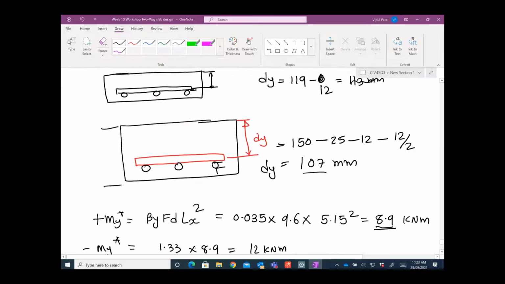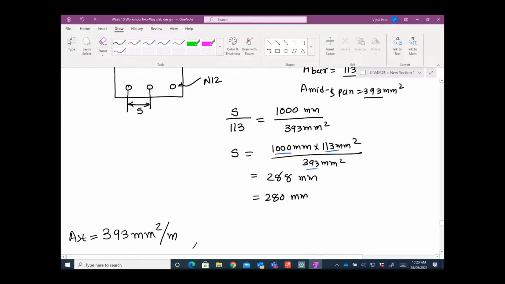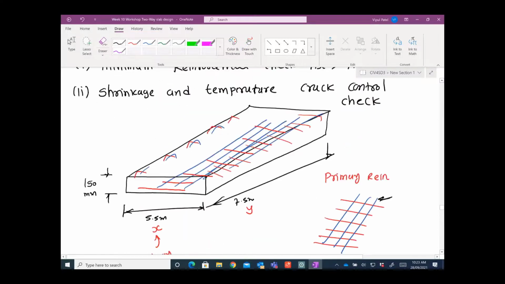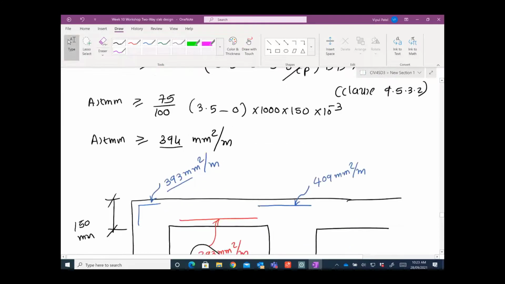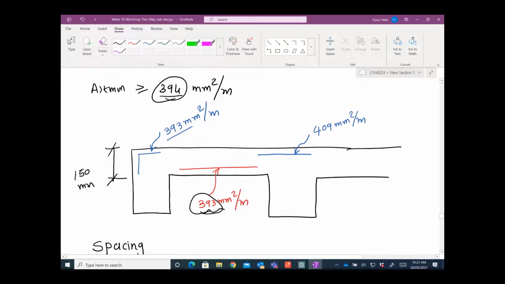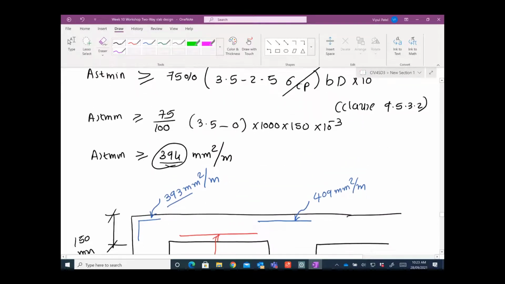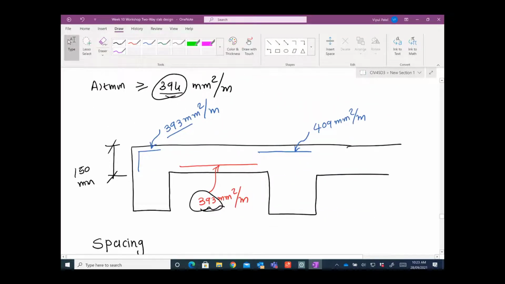Second check, that's shrinkage and temperature. We need to stop the crack due to the shrinkage and temperature. What was that value, please? I think that was 394. Is it? Yep. No, but here we need to recalculate that one, because I think it's in the secondary direction.